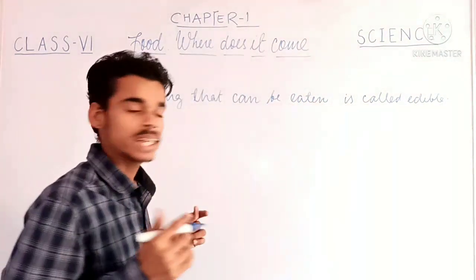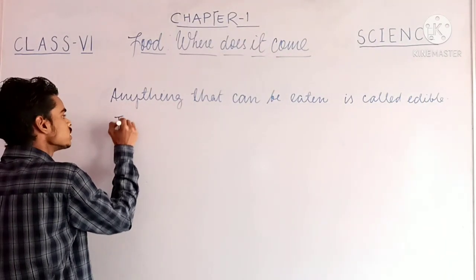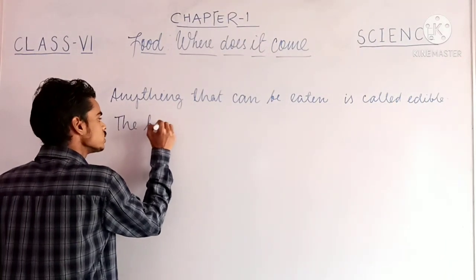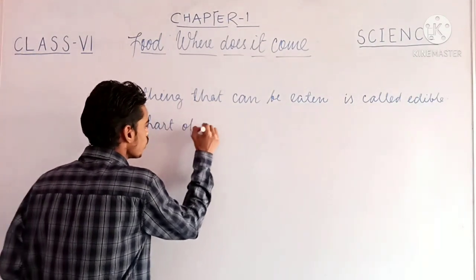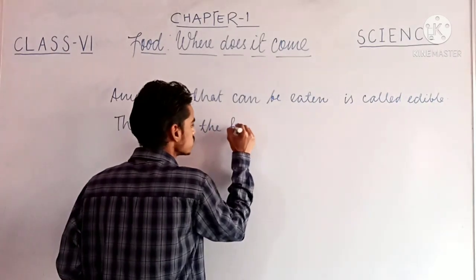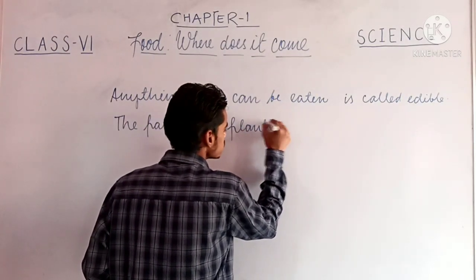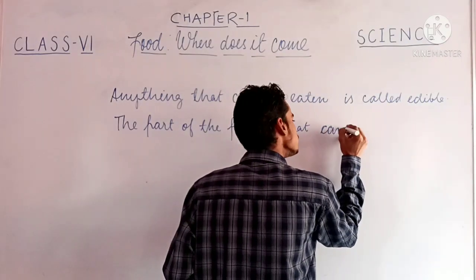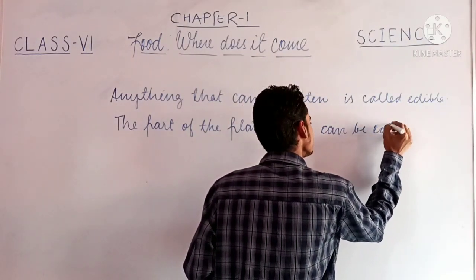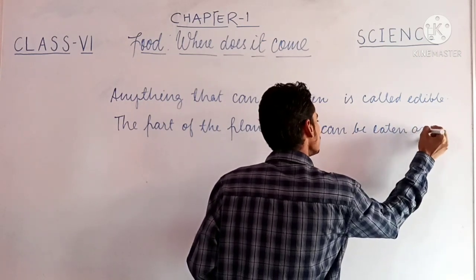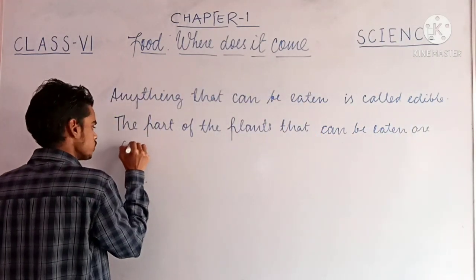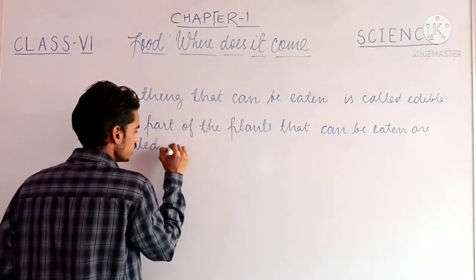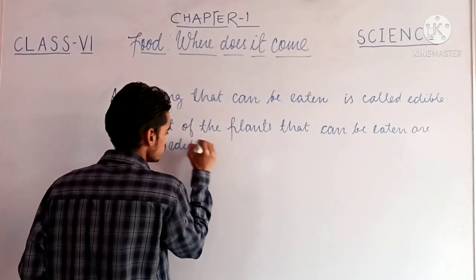And in terms of plants, the parts of the plants that can be eaten are called edible parts.